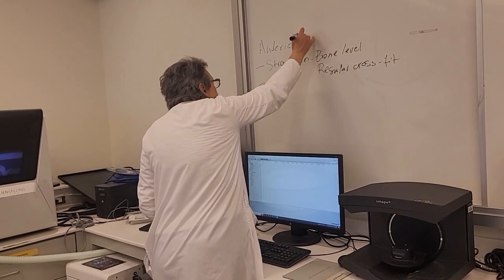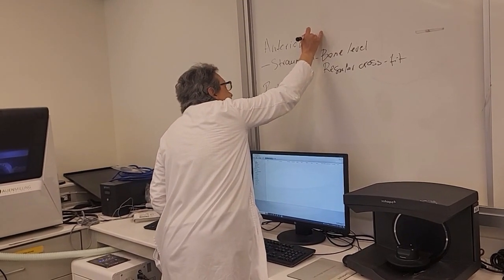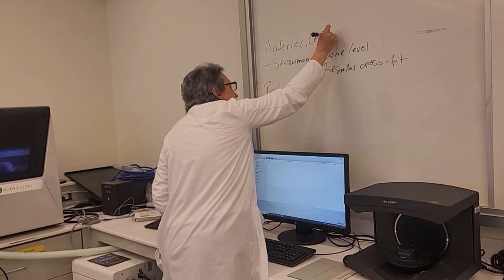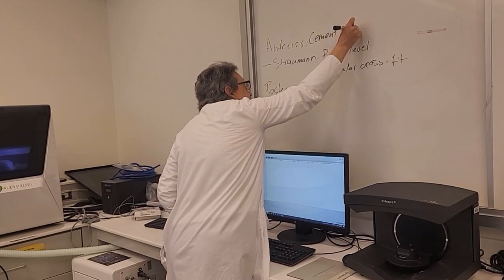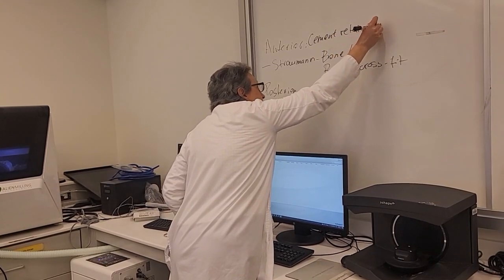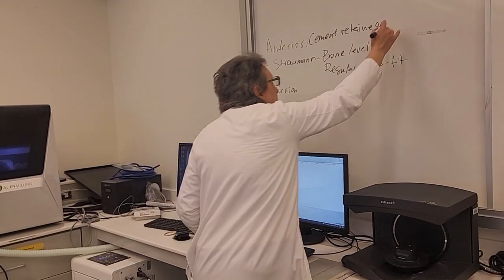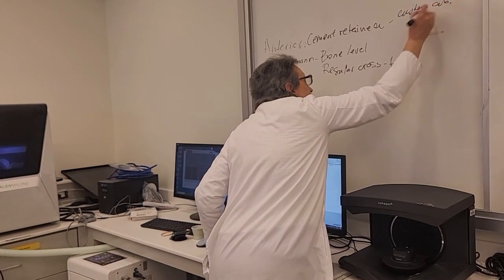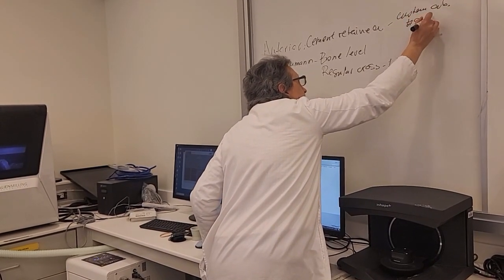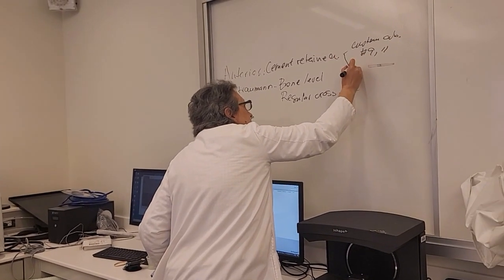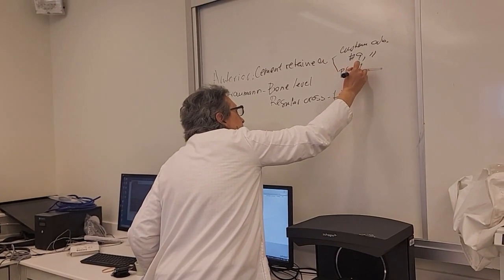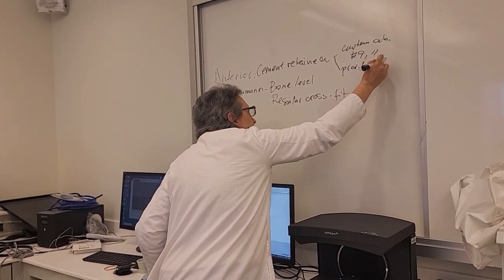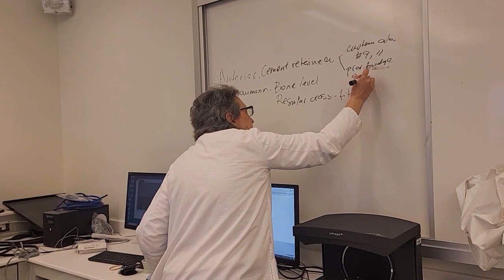And here what we're gonna do, we're gonna have cement-retained restorations, right? So we're gonna have custom abutments number 9 and 11, and then we have a provisional bridge for number 9, 10, 11.